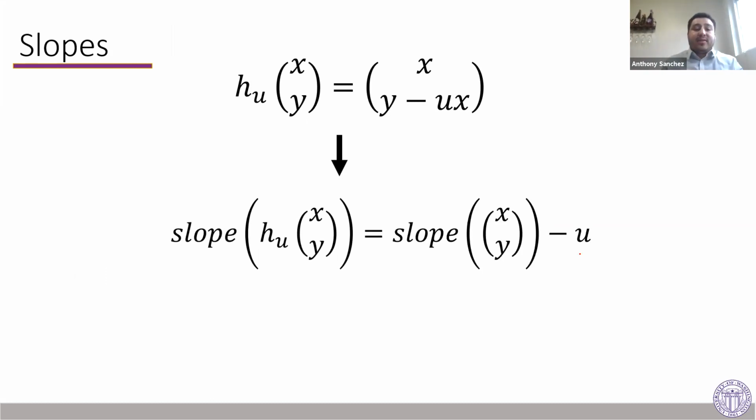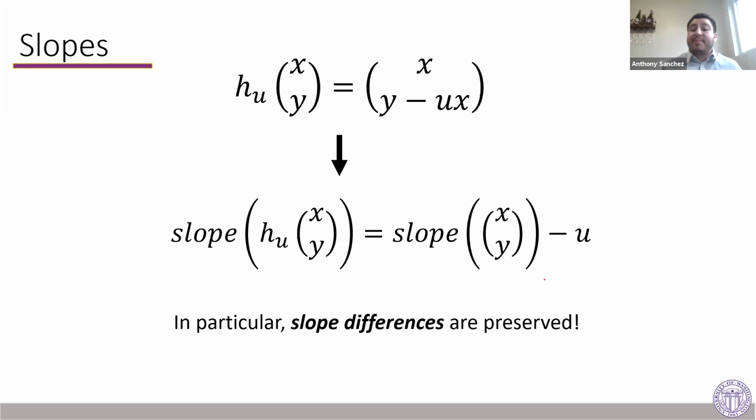Namely, the slope of the vector pushed by the horocycle flow is one and the same thing as the slope of the vector minus the amount of time that I've flown by. So in particular, if I'm interested in gap distributions, in gap differences, then the horocycle flow is very natural to consider because slope differences are being preserved. So this is one reason why I would want to think of the horocycle flow in this context.